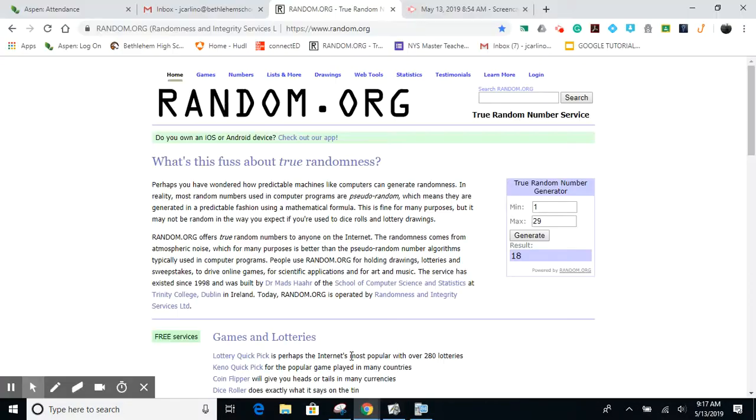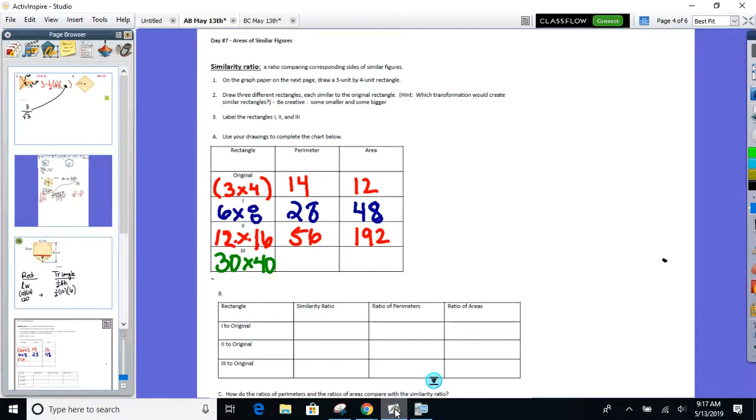And when you're ready, how about the perimeter and area? 1,200 area. 140 perimeter. All right, everyone good.